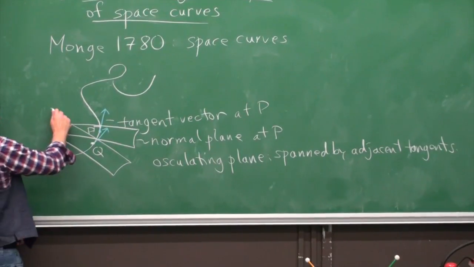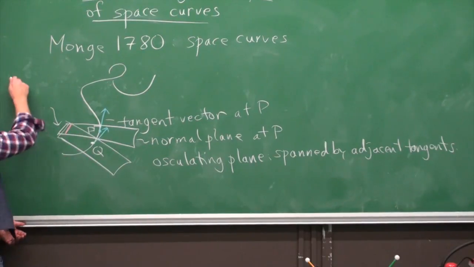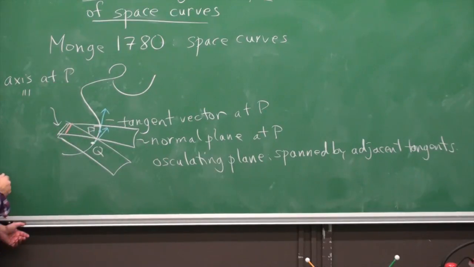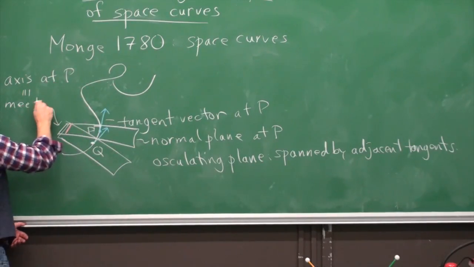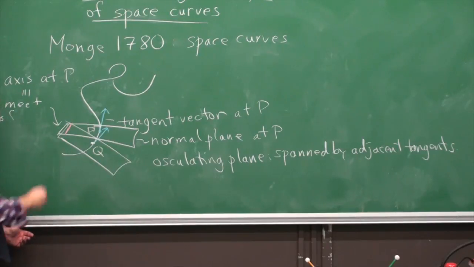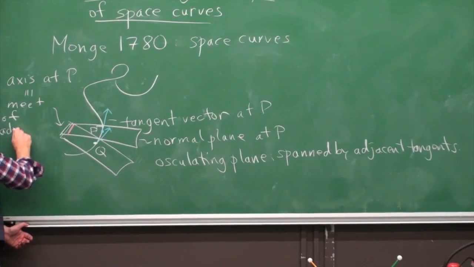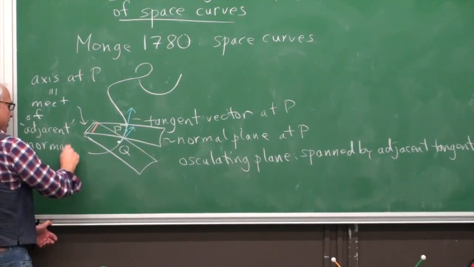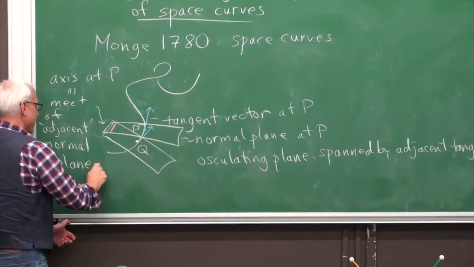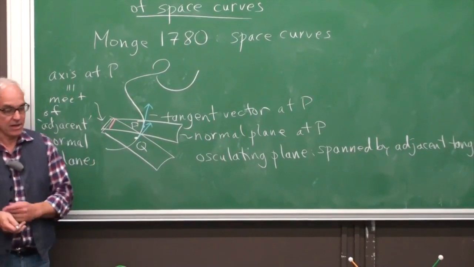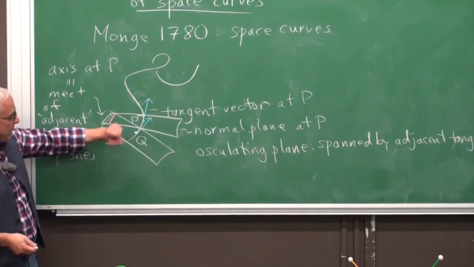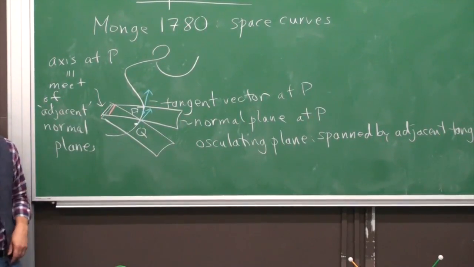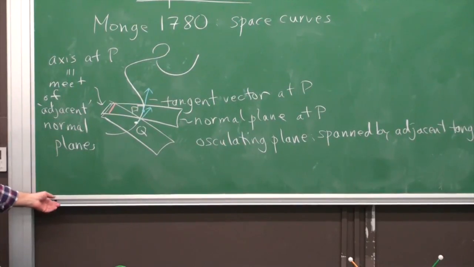So he called this line the axis at the point P. So that's the meet of adjacent, maybe adjacent in quotes, normal planes. And you can think of that in a limiting sense, that if we just take the P and Q normal planes, see where they intersect, and then let Q approach P, then that's going to approach some limiting value called the axis.